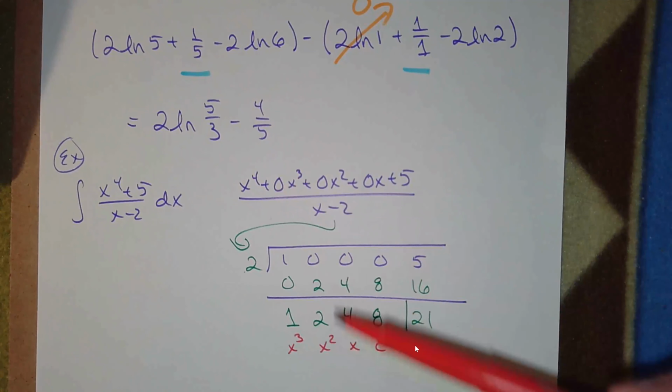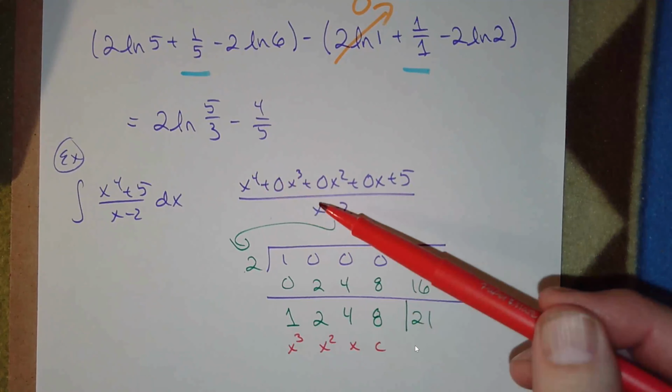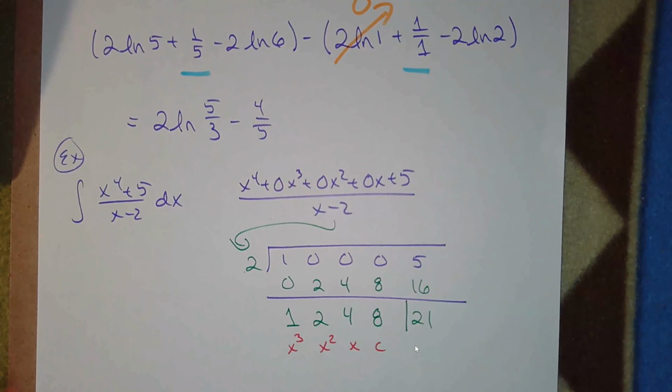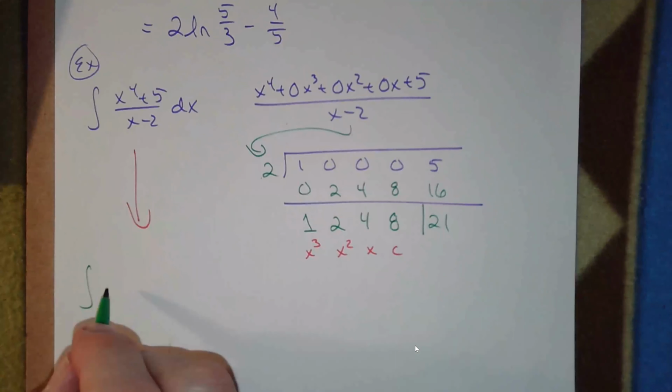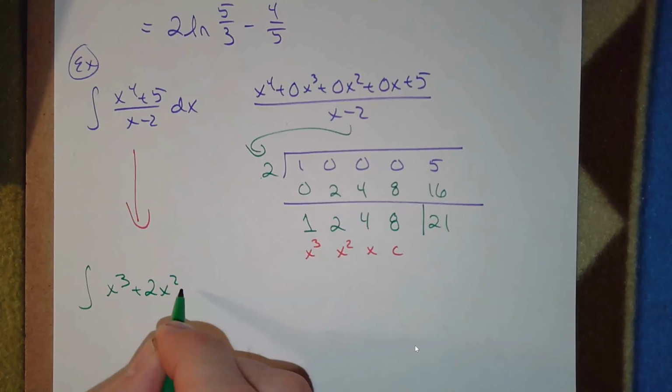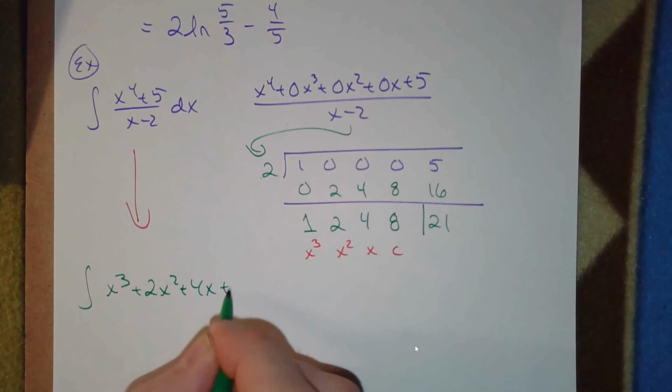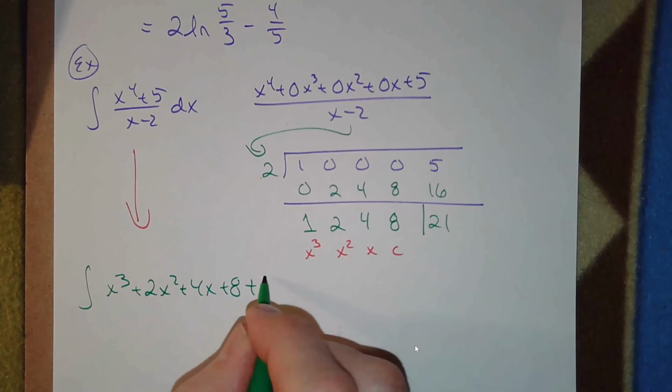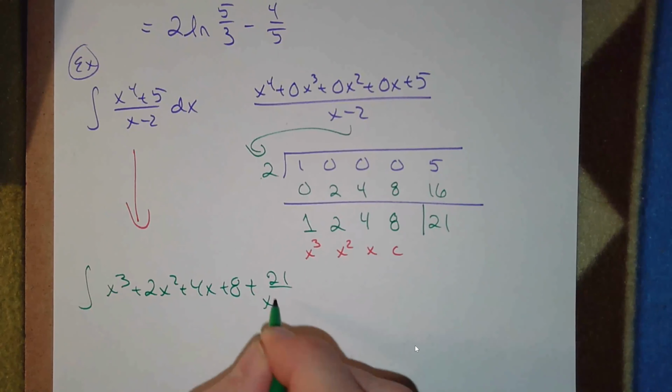Okay, just subtracting exponents. 4 minus 1 gives me 3. That's actually really helpful. This is my remainder. So when I put all this together, I can write that as x cubed plus 2x squared plus 4x plus 8 plus 21 over x minus 2.